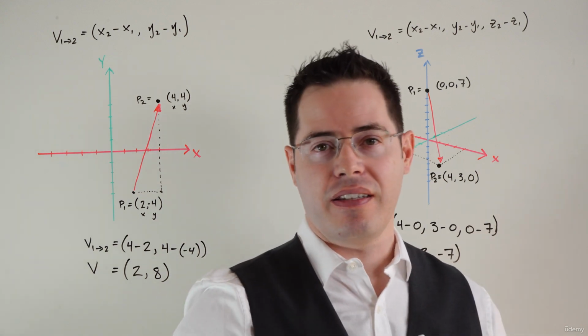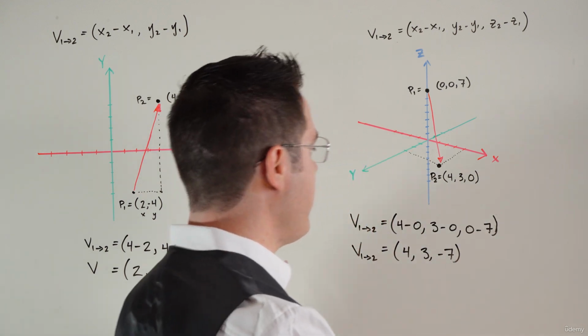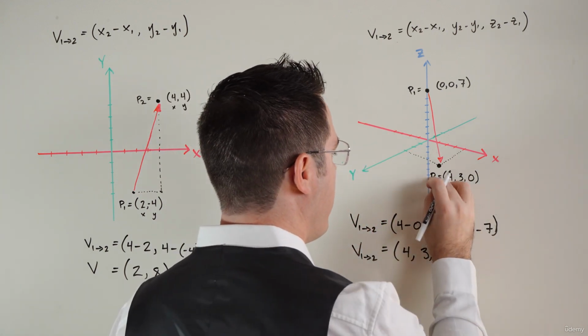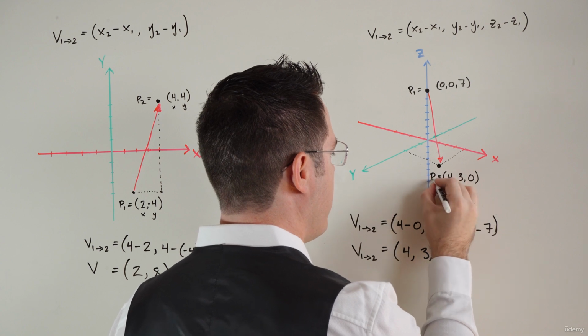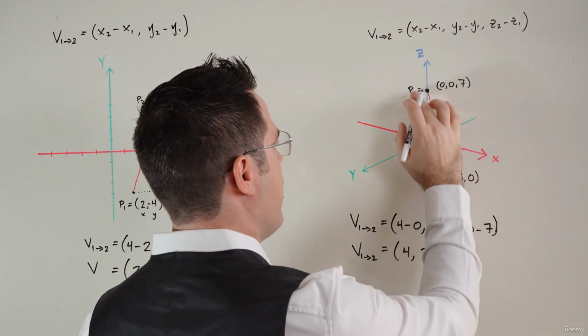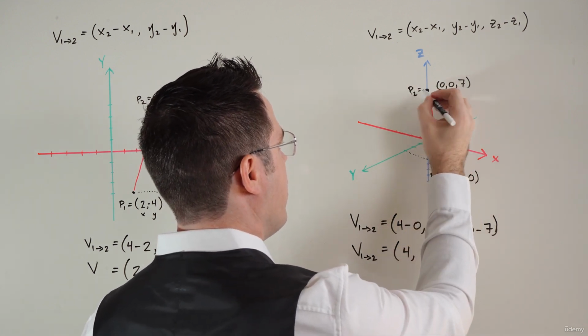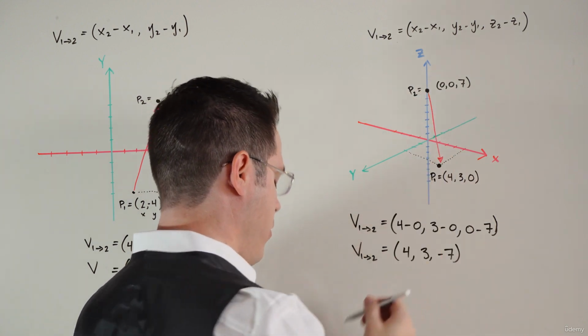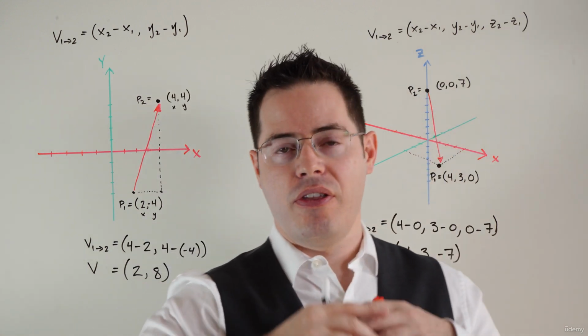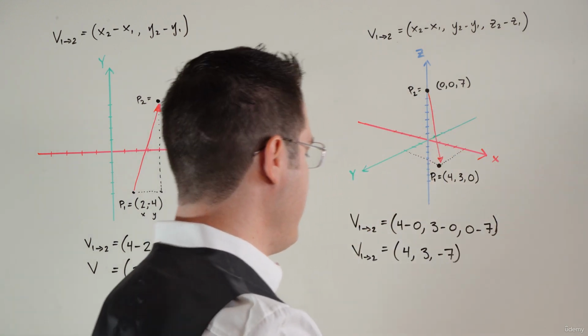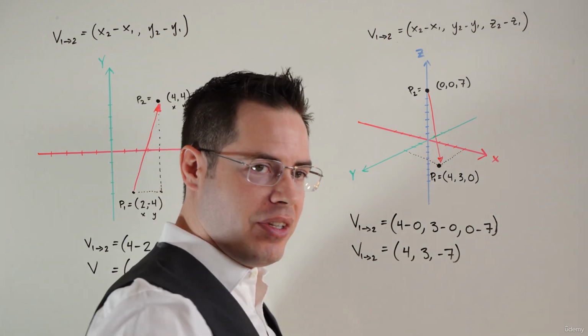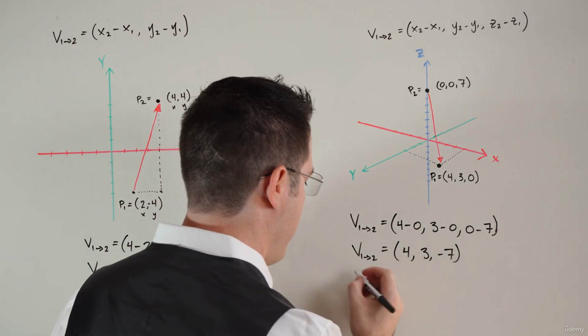Well, this is a similar problem. The only difference is we now have our first point down here on the ground. That's our P1 now. And our second point is up here on the rooftop. That is now point 2. So the problem is a little bit different, but still simple enough to solve. Let's do the math.